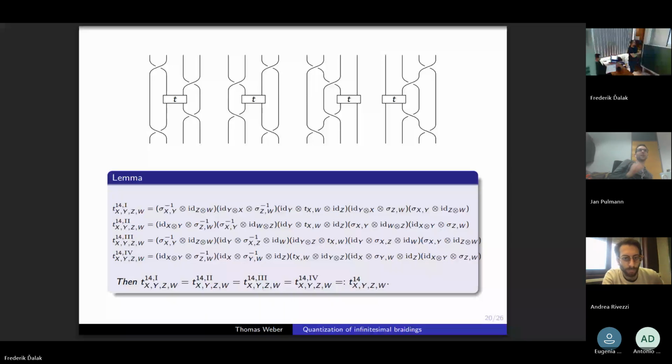Here you see the four possibilities, and the rule should be that you should have the same amount of sigmas and sigma minus ones on each couple of strands or something like that. Yes, on each couple of strands. But apart from that, any combination you can think of gives the same outcome. Okay. Thank you.